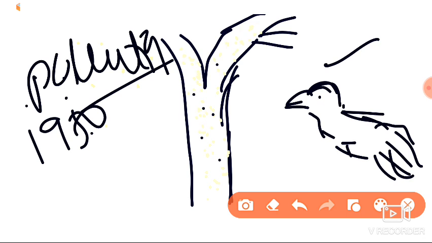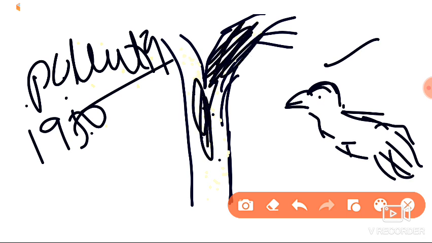All the lichens are unable to develop there because a lot of pollution is there, so they are unable to grow on the bark of the tree. So what happens is the color of the tree becomes very dark.